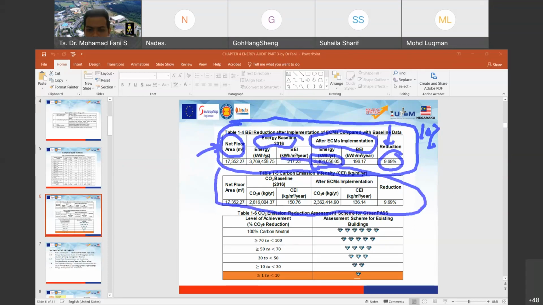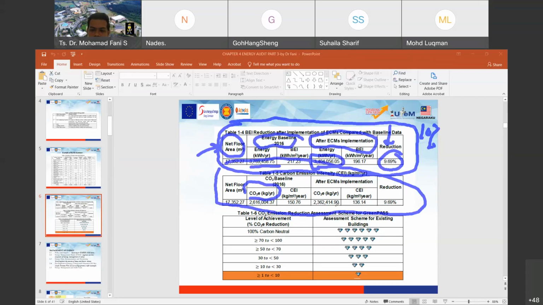So this one is the carbon emission intensity, CEI. From here, you can convert all this value from kilowatt hour to CO2 equivalent, kg per year. So you can get this value as well.